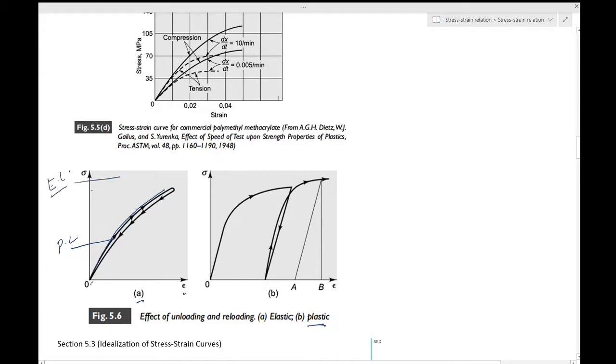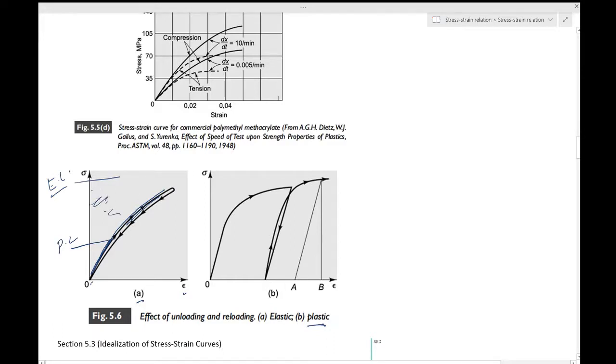The proportionality was lost somewhere over here, and hence you can see this curve. So this is what 5.6a is. Figure 5.6a illustrates the loading and unloading behavior of a material which is elastic at stresses greater than the proportional limit. So it is all elastic in this region.